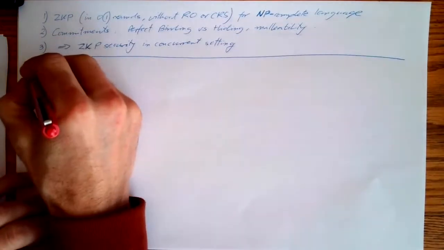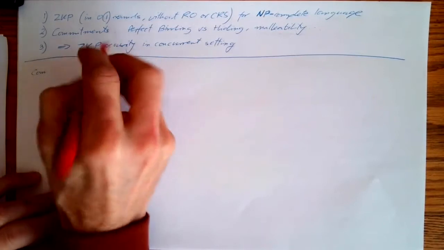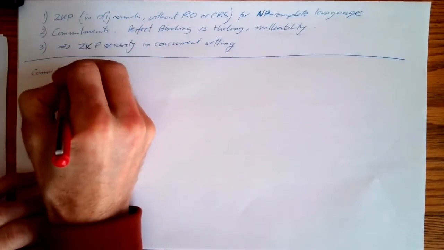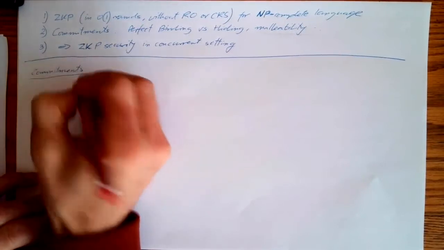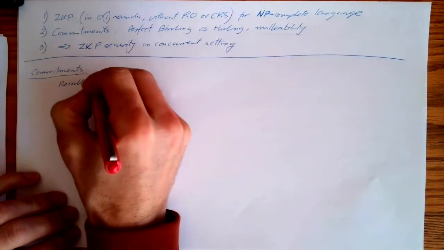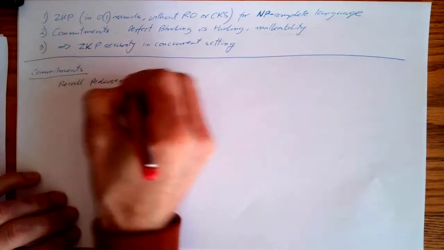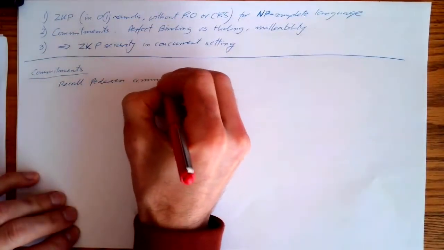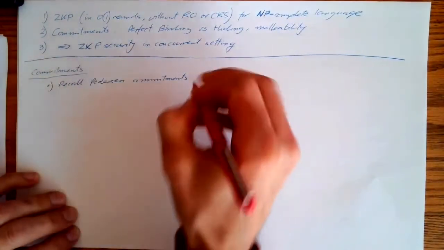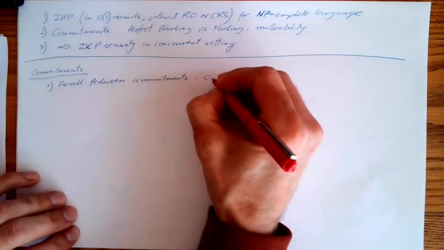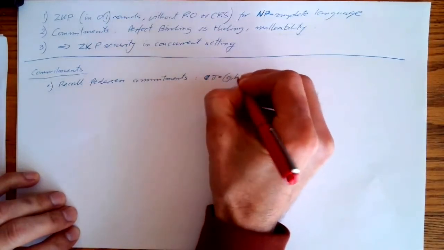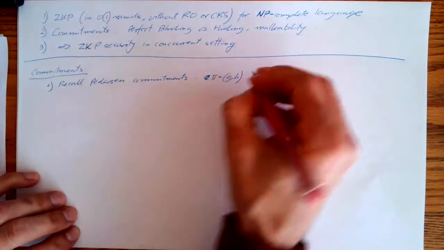A few things about commitments, because we'll need them as a tool for this zero knowledge. So recall the Pedersen commitment. Let's review some commitments we have seen. The parameters are G and H in a group.